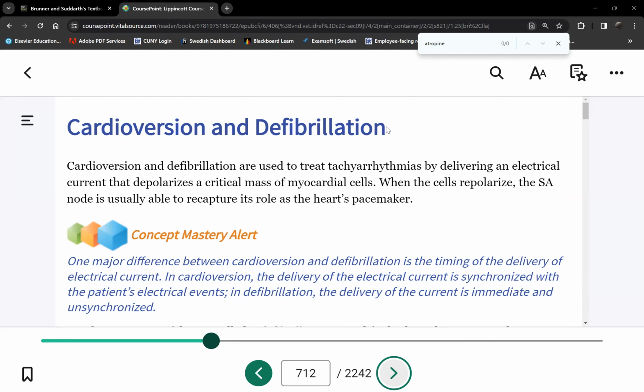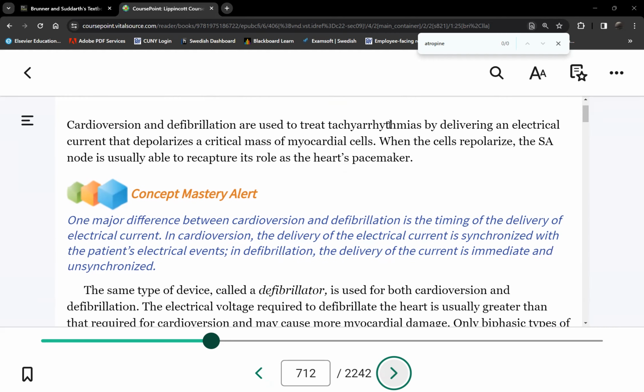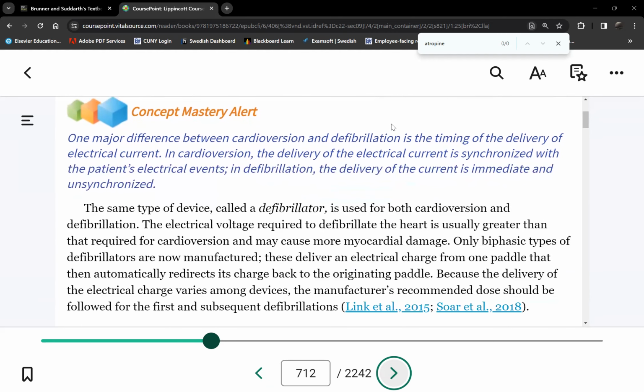Okay, are they using different equipment? The same defibrillator equipment. What will make that equipment a cardioverter versus a defibrillator? The synchronized button. Okay, so when you turn on the synchronized button, the defibrillator becomes a cardioverter.